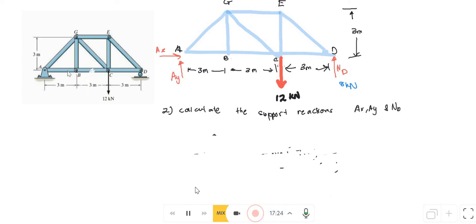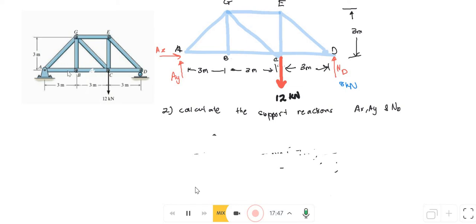Actually, we can see here AX is equal to 0. Why AX equal to 0? Because there is no external force that you can see in the truss beside AX.